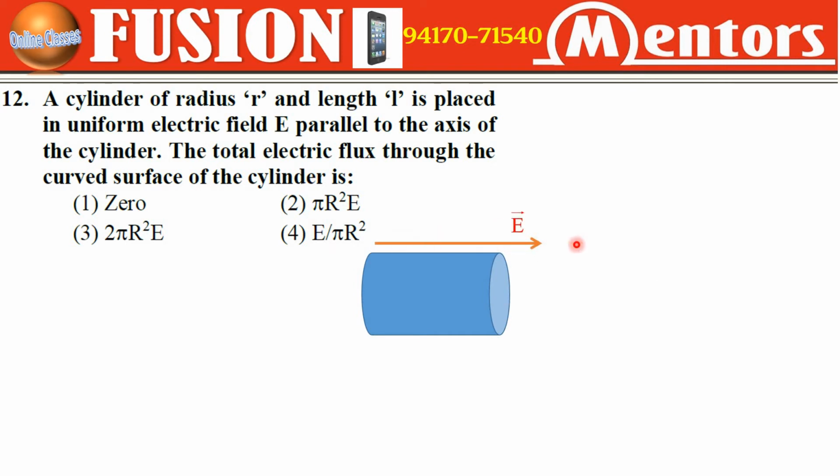So this is your E. And you require the electric flux through the curved surface of the cylinder. This is your curved surface. So on the curved surface, if you draw any small area here, then it would point vertically up. So the angle between E and A is 90 degrees, and it would happen to be the same all over the curved surface.